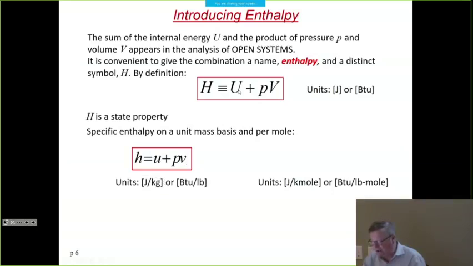This is in joules per kilo, BTU per pound. Or you can divide the whole thing by moles. H divided by N, U divided by N, V divided by N, and you end up with H bar in joules per kilomole, U also per kilomole, and V in cubic meter per kilomole.